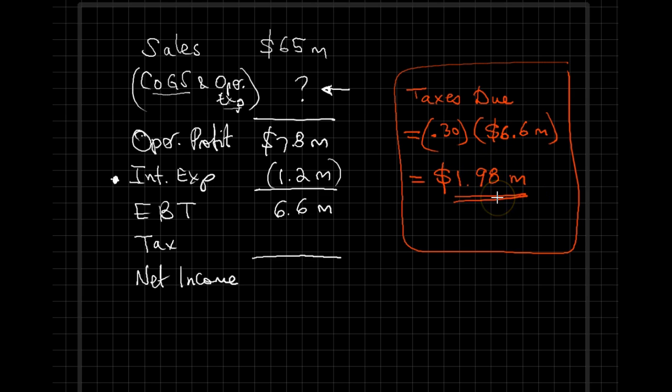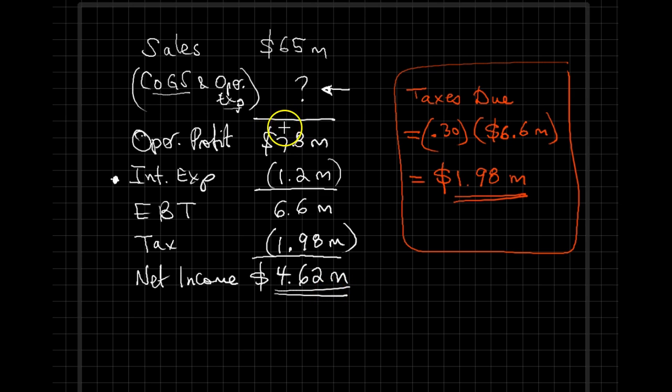So that's our taxes due. We can input that into our income statement, $1.98 million. Now finally our net income, doing this difference, will be $4.62 million, and that's what we needed.